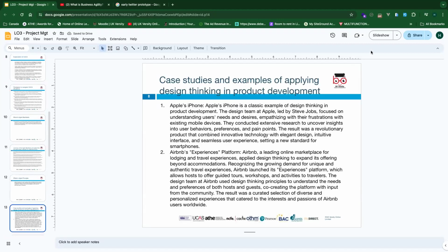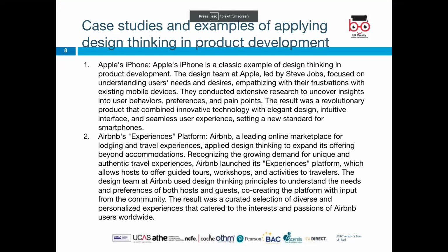So let's look at case studies, an example of applying design thinking in product development. The first one is Apple's iPhone. Apple's iPhone is a classic example of design thinking in product development. The design team at Apple, led by Steve Jobs, focused on understanding users' needs and desires, empathizing with their frustrations with existing mobile devices.